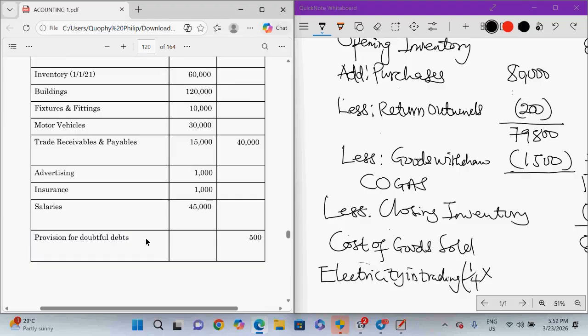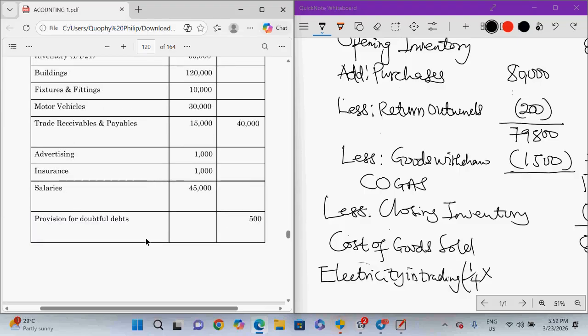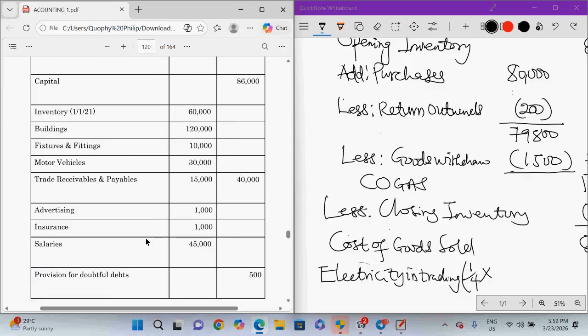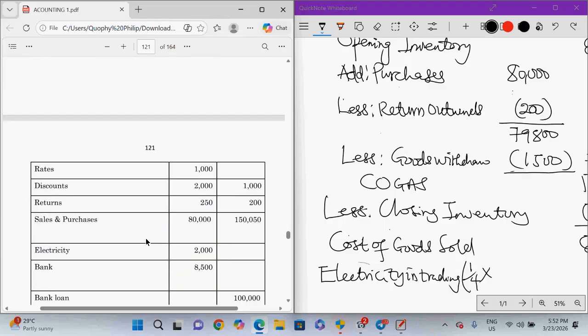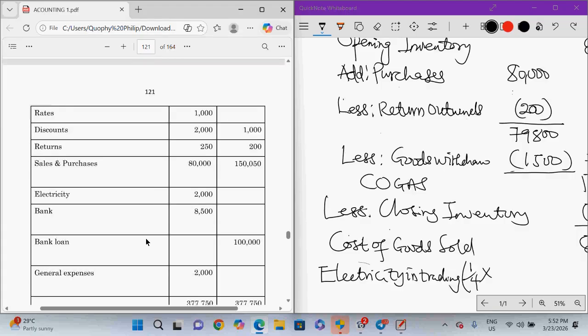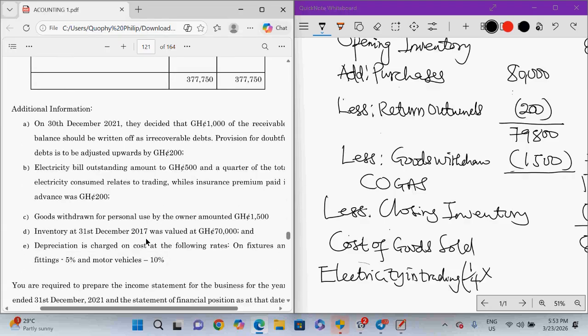So a quarter of 2,000 is 500. But they gave us an outstanding one. Let's add the outstanding 500 plus the 2,000, and then find the quarter.